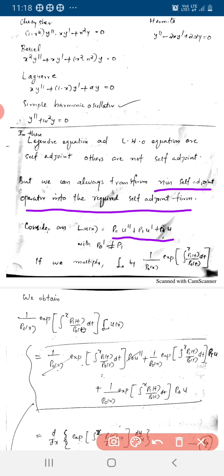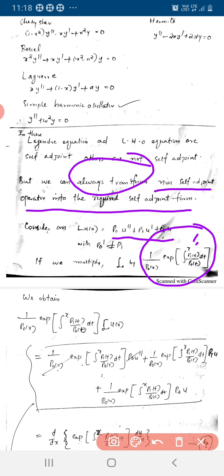It's possible to transform this into self-adjoint form if we multiply this differential operator by 1 by P0 of x times the exponential of the integral up to x of P1 of t by P0 of t dt. So if we multiply this operator by that factor, we have a self-adjoint differential operator.